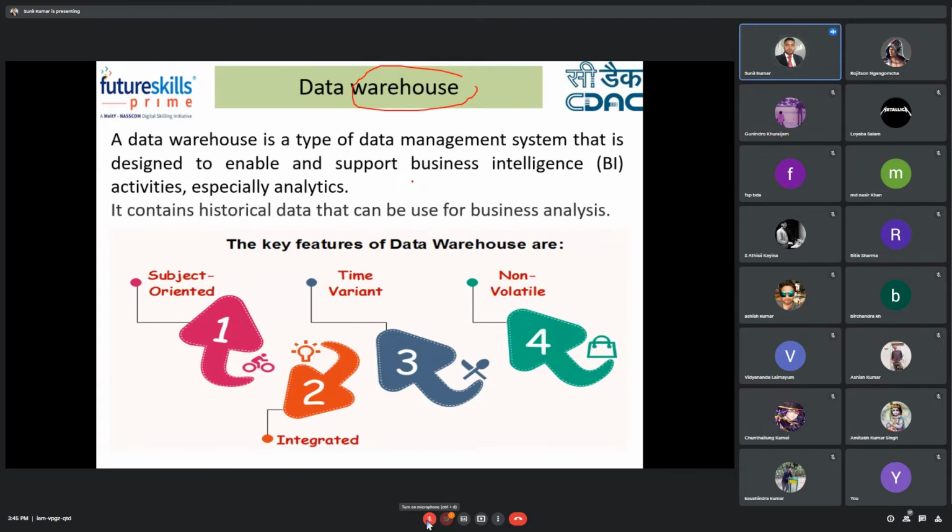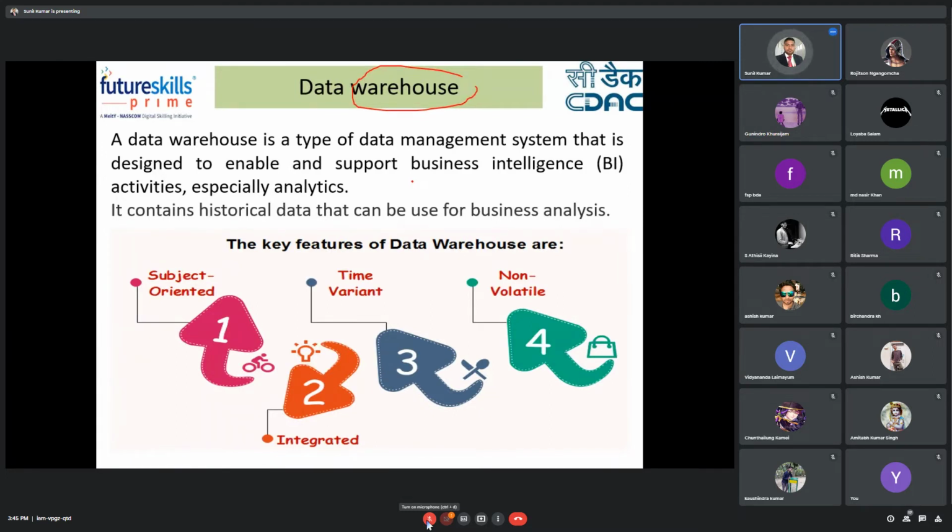Like you can see, every company has a warehouse, and in the warehouse, what does he do? He gathers all the products in his warehouse, and as per requirement, he arranges the products. And when he needs to sell any product, then he will access it from his warehouse. The same thing happens with data also, because every moment data is generated in a highly exponential manner.